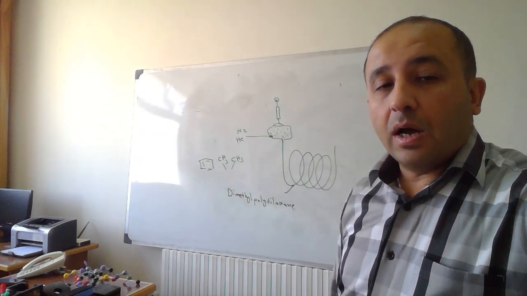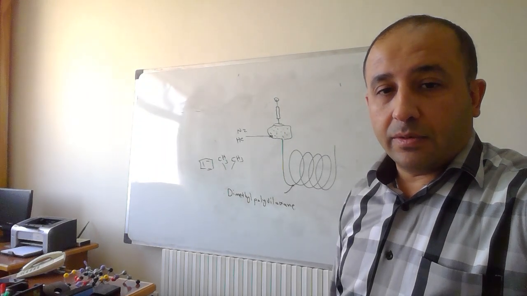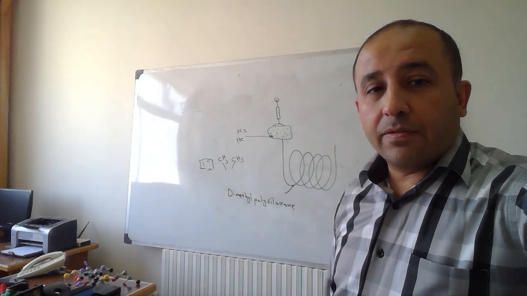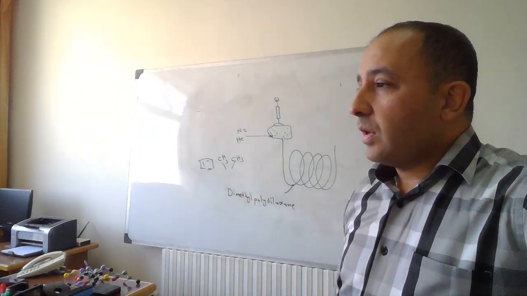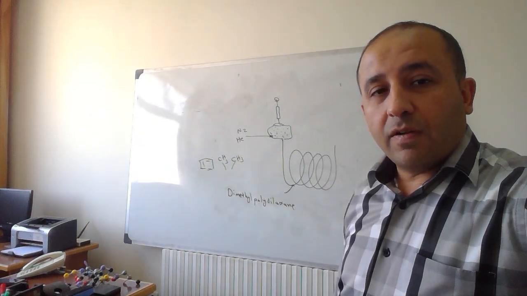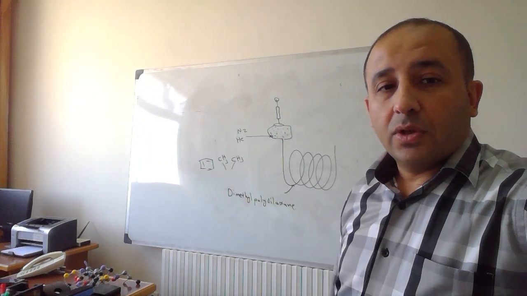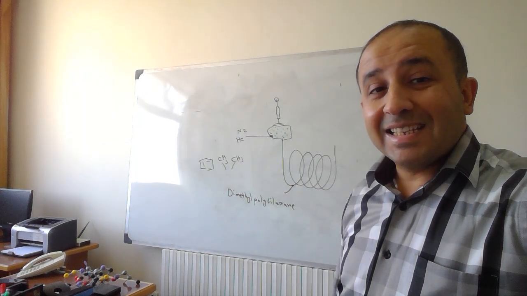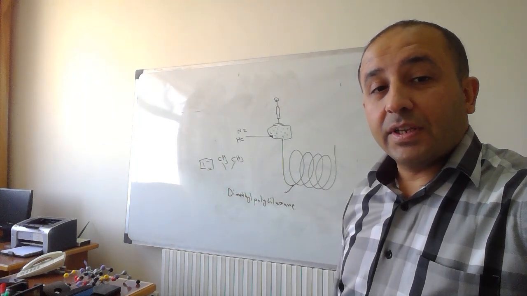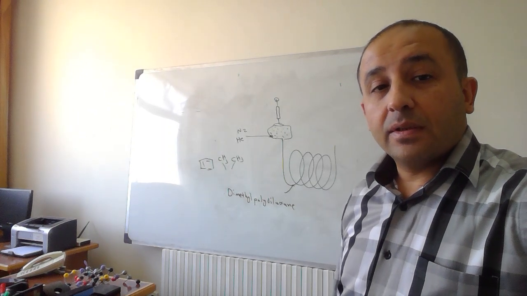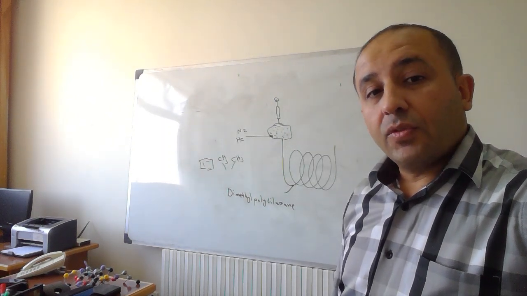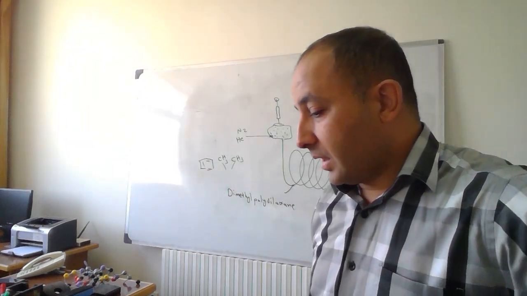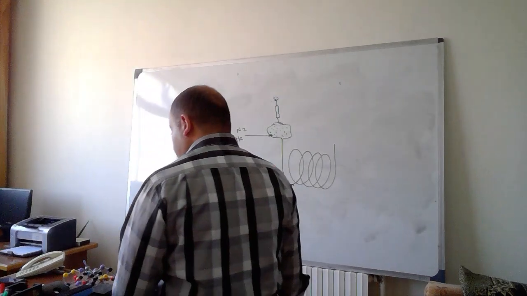The remnant is dimethyl polysiloxane or methylsiloxane generally. When we say 5 OV, OV is a trade name, and 5 means 5% of the methyl silica is phenyl groups. So 5% is phenyl, and the remnant 95% will be methyl silica.